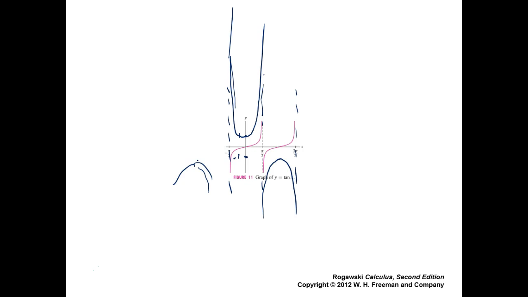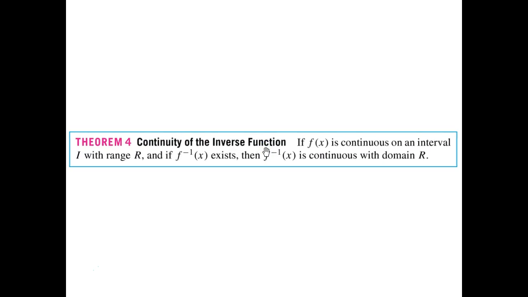Let's now look at inverse functions. Do you remember what inverse functions are? This is a sort of silly concept of mine, but they're the undoing functions. They're the functions that undo some other function.